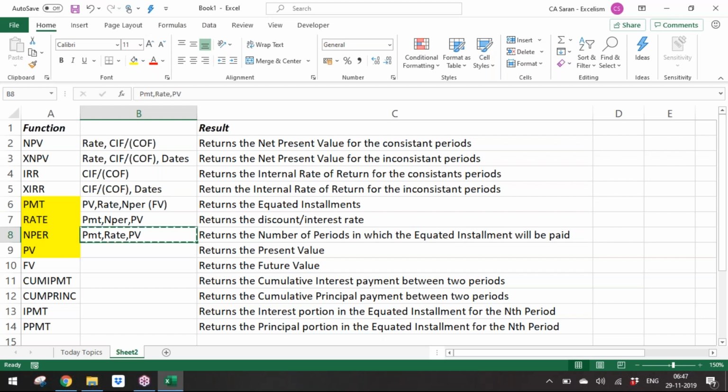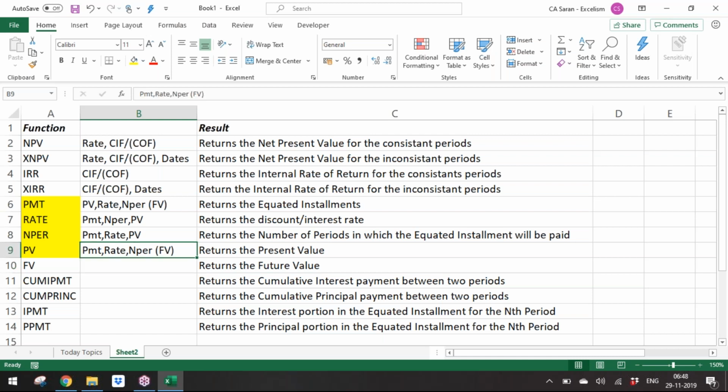If I want to calculate present value, either you can have payment, rate and NPER, or else, let's say after 10 years, if you have 5 lakh, today what is that value? If I discount it, you can take future value, or in the equated case also you can calculate. So there are two cases you can calculate future value.